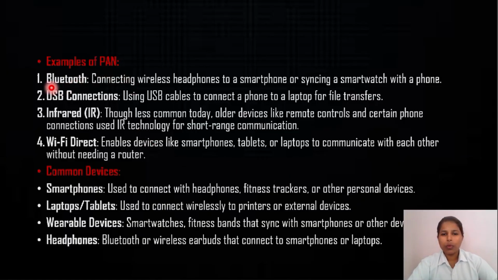As I told, it is a wireless headphone. Also, if you are using a wireless headphone, or a smartphone to a smartwatch, we can use Bluetooth. And for USB connection, if you want to connect a phone to a laptop for file transfer, we will use USB.